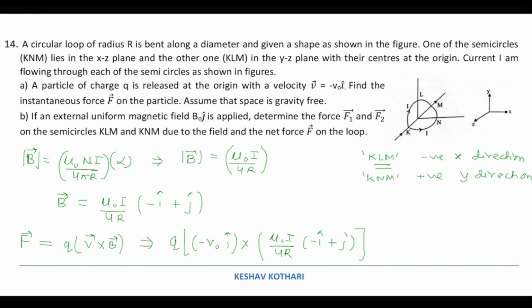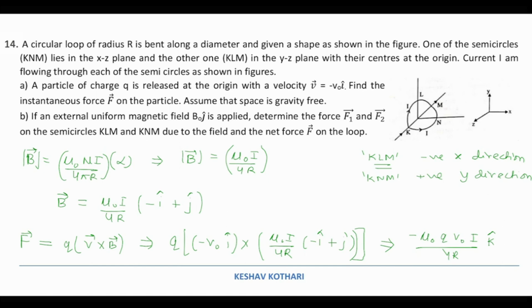On doing the cross product we obtain minus mu naught q v naught I upon 4r, directed along the negative z axis, that is minus k cap. So this is the expression for the instantaneous force on a charged particle which is moving along the negative x-axis direction.